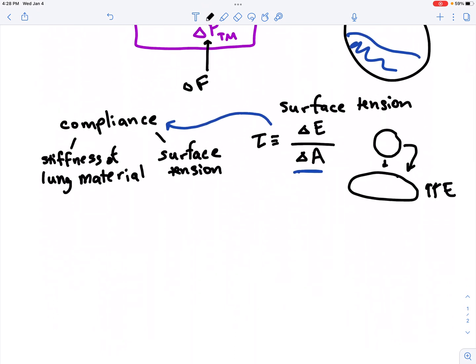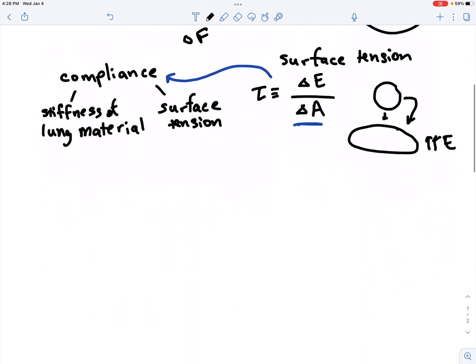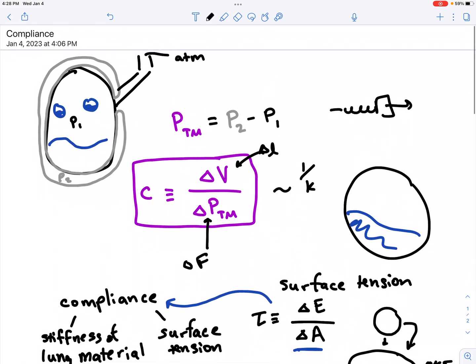So these are the two factors that are going to contribute to compliance, but you have to remember that compliance is not necessarily constant over the expansion range of our lung. So I mentioned that the surface tension forces are going to be particularly high when the lung is small, so when the lung is in its deflated state. So that means that our compliance can actually change as the lung gets bigger or smaller. Even though we can think about it as a spring constant, the spring constant can change as our spring gets more extended or contracted, which is not usually how we model springs.